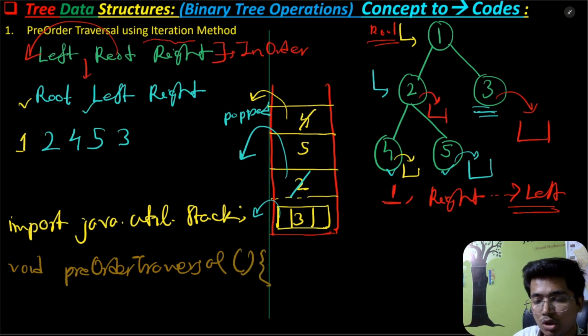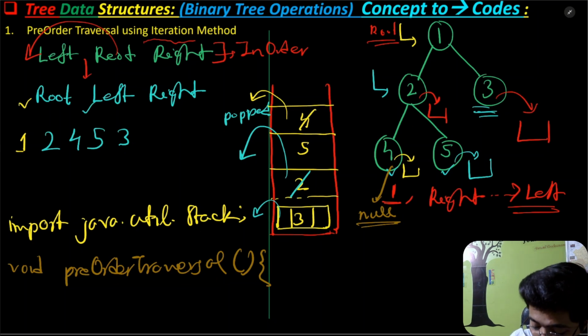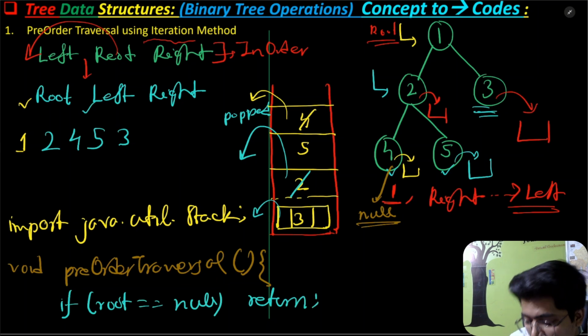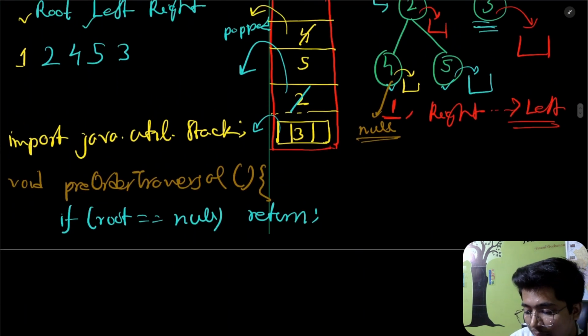The base condition first will be checking that we stop when we encounter null. Previously in inorder traversal, I made you understand that whenever we encounter null, we just stop. So first we'll write that if root equals null, then we will stop the program. That means we will be using return. Okay, this condition has been done.